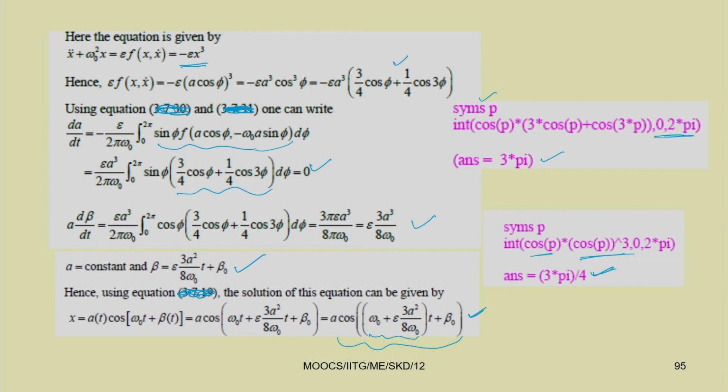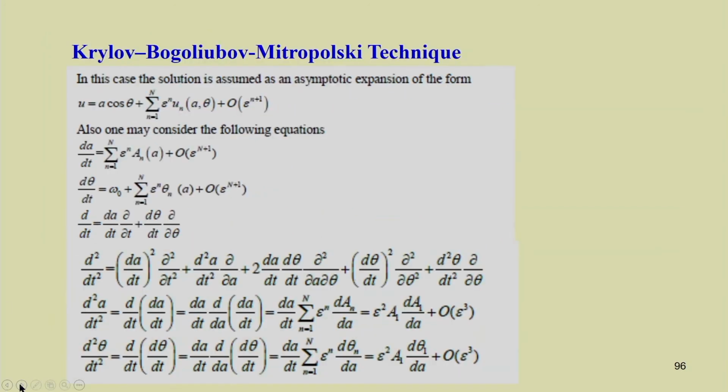To make it more accurate, this method has been modified by Mitropolsky. So, now we have a method, the KBM method, that is Krylov, Bogoliubov and Mitropolsky method.